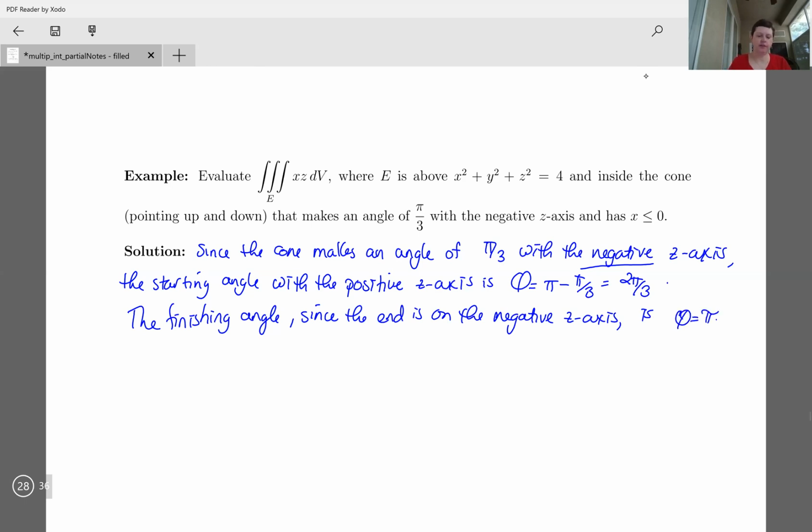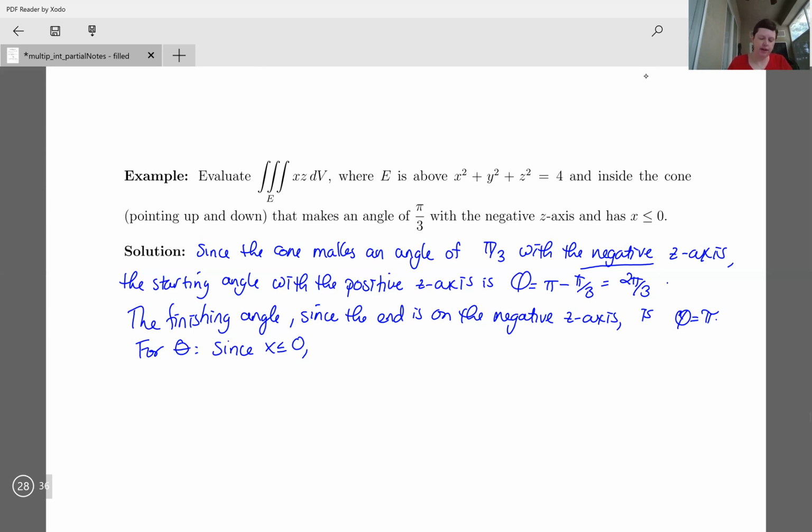Okay, so that's phi. Now what about theta? Since we know that x is less than or equal to 0, that tells us that if I'm looking in the xy plane, I'm looking on the left side, the left half plane.